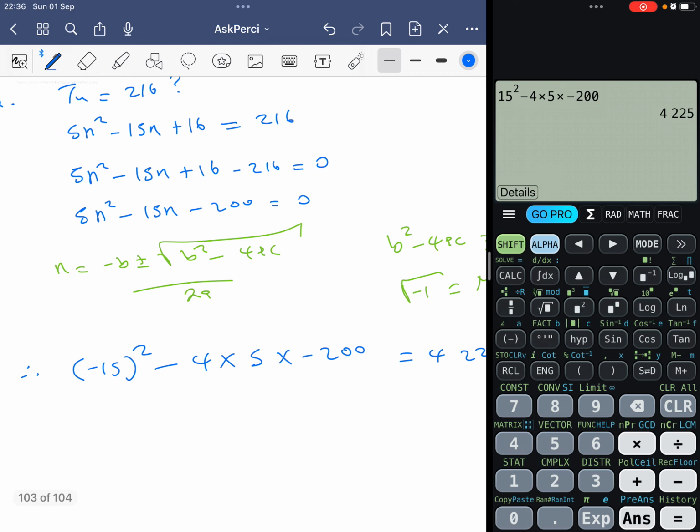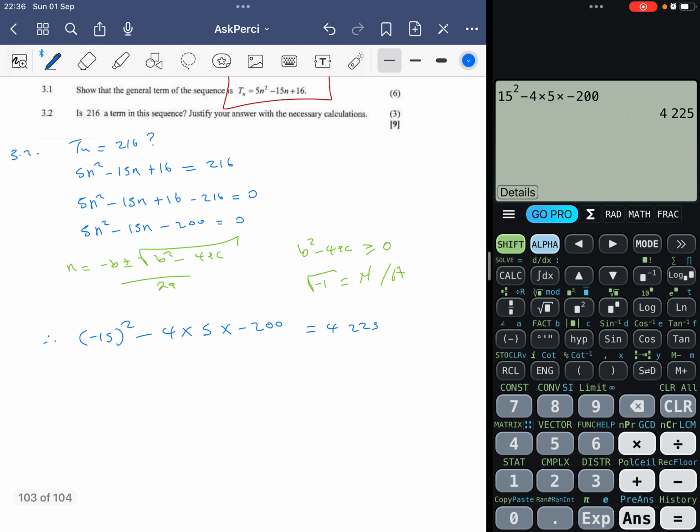So therefore this is positive, therefore we do have a 216 term in this sequence. We do have it. Boom. That's your final answer.